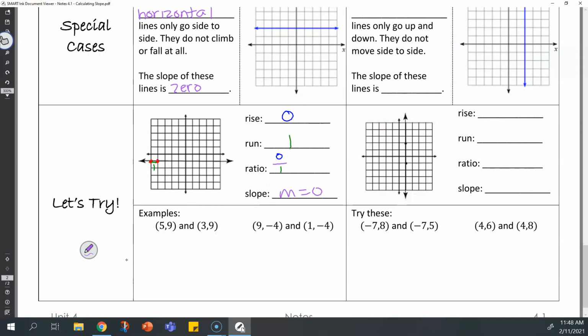I can see this when I do it mathematically or calculate it out with the formula as well. So I've got x1, y1, x2, y2, meaning that this slope is going to be 9 minus 9 over 5 minus 3. 9 minus 9 is 0. 5 minus 3 is 2.